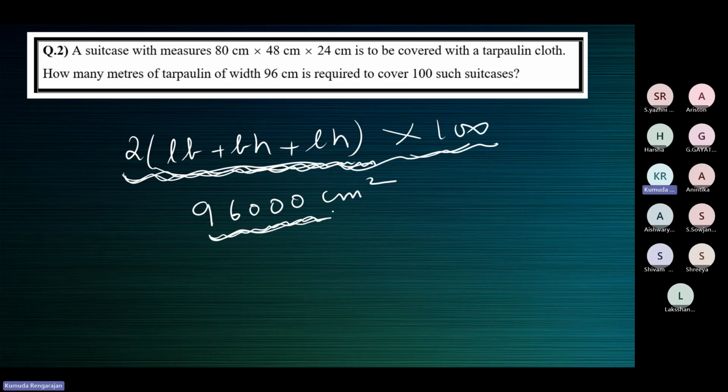But if I go to the shop, I need to mention the length of tarpaulin I need. Nowadays, we buy mostly ready-made garments. I don't know if you've visited any fabric store and purchased unstitched fabric.